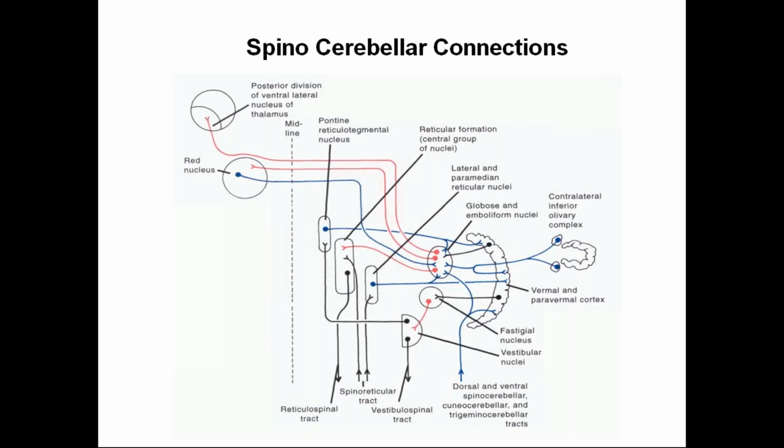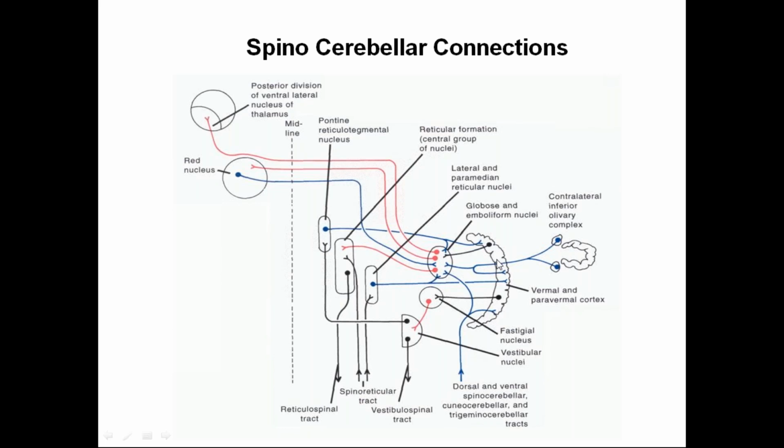You've already done them in the ascending tracts, and you know that the ventral spinocerebellar tract crosses once in the spinal cord and then crosses again in the midbrain, and comes to the same side of the cerebellum, while the posterior spinocerebellar is an uncrossed pathway, and the anterior spinocerebellar crosses twice. In the inferior cerebellar peduncle, the fibers which go are the posterior spinocerebellar pathways.